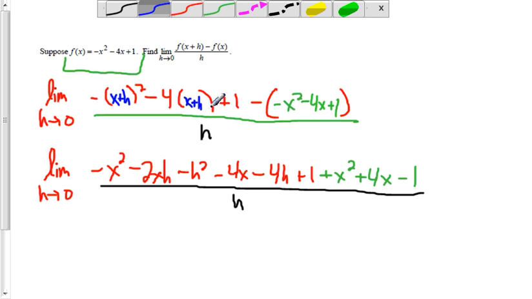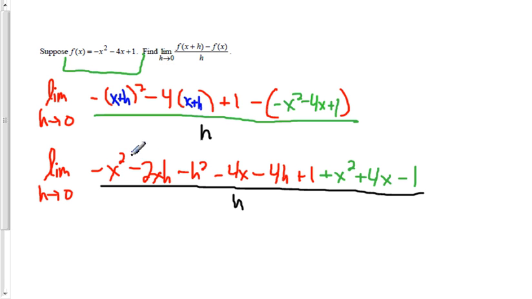After the first step, simplifying the numerator, this is what I get, and I see I have some like terms that I can cancel out. The x squareds are going to cancel out. Negative 4x with a positive 4x will cancel out. And positive 1 with a negative 1. So I get negative 2xh minus h squared minus 4h all over h, and I see I can factor out an h.